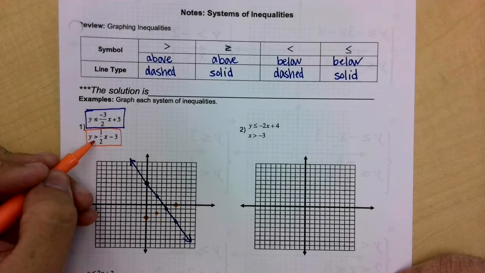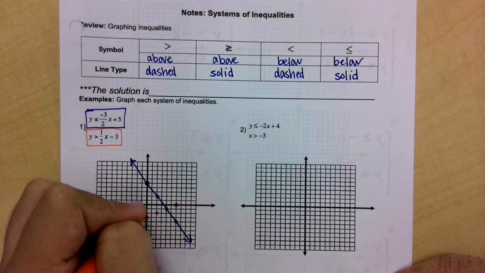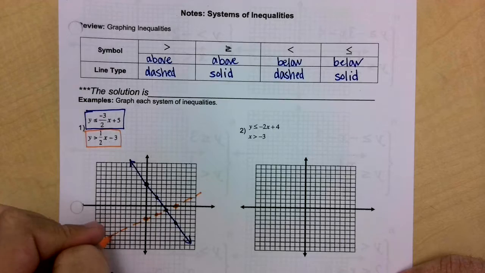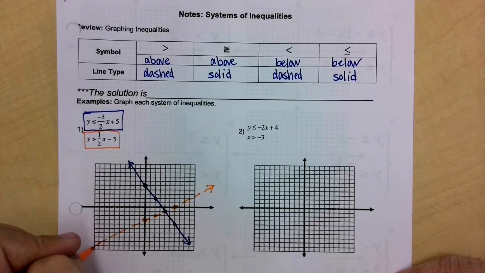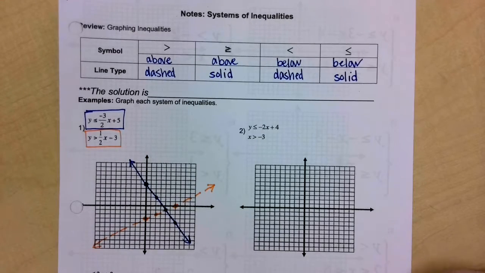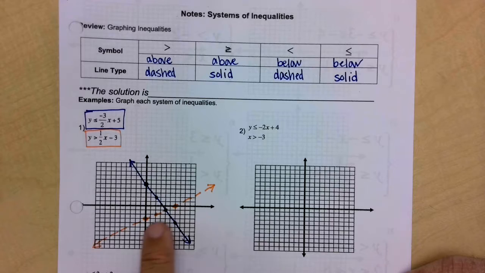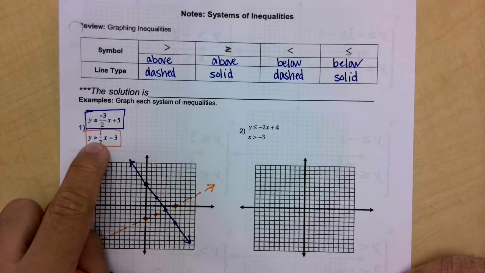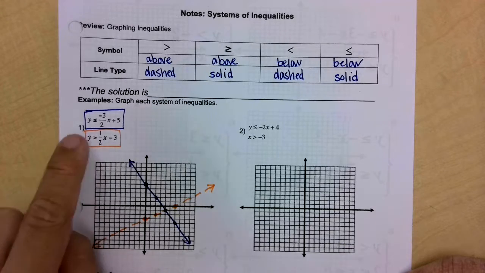That means that we don't want it to be equal, and we actually are going to want a dashed line instead. This indicates that it being equal is a problem. So we want a dashed line anytime there's a greater than or a less than, and it does not share the or equal to part.